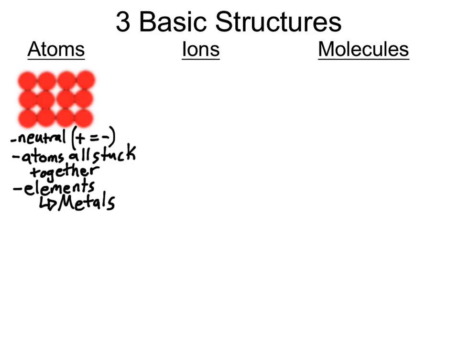If I showed you copper, it'd look exactly the same. If I showed you silver, it'd look exactly the same. You just change the color of the atom. All the metals in the periodic table would be structured this way, and they'd all pretty much look like that if you looked at the atoms. They'd all be neutral.